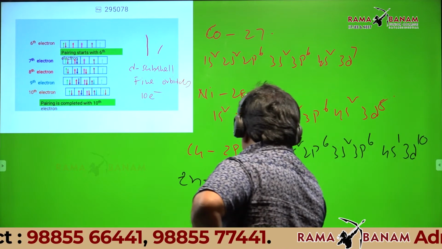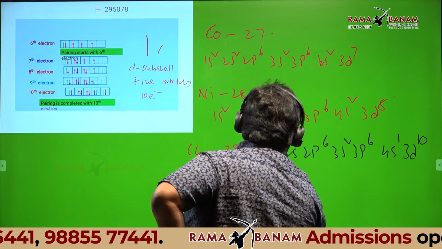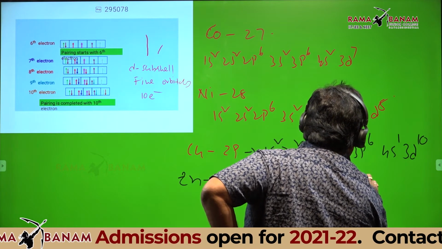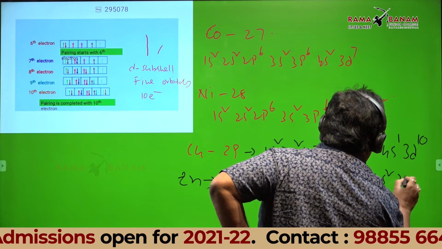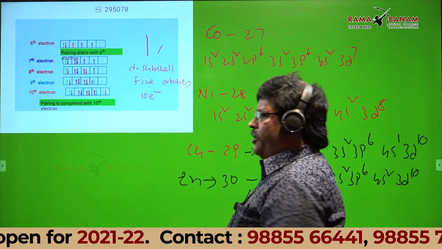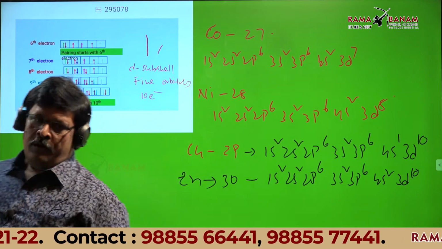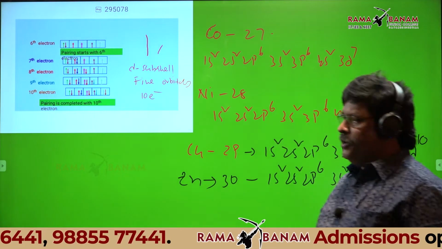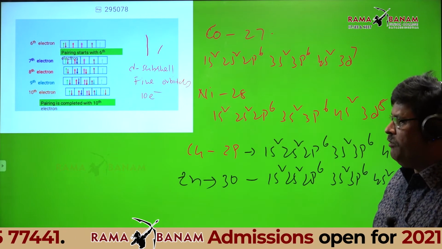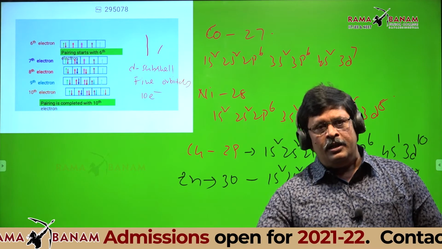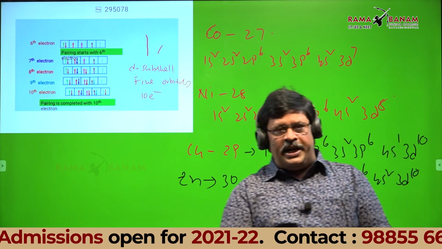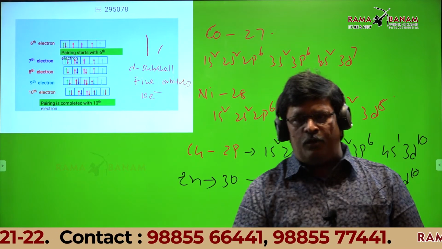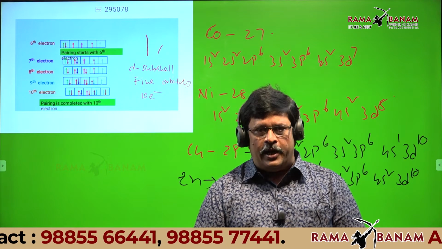Zinc is 30. 1s2, 2s2, 2p6, 3s2, 3p6, 4s2, 3d10. So, this is the electronic configurations of first 30 elements in NLX notation, because in your CBSE 10th class you all studied the electronic configurations in the 2, 8, 2, 8, 2, 8 model.